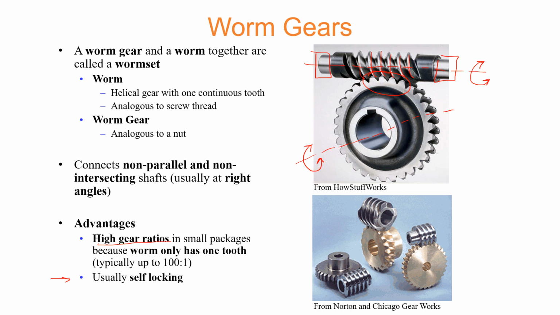What does that mean? It means that you can provide the input on this side and you are going to get the output from this side. But if you try to rotate from the output shaft, the input shaft is not going to have a rotation because of the structure of the worm gears. And that is one very good example, especially in case of motorized control.